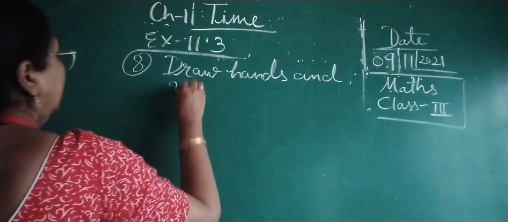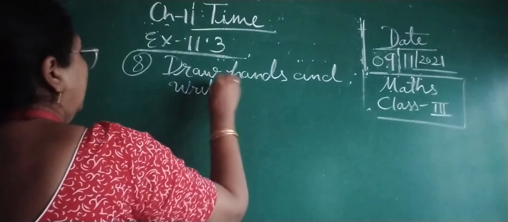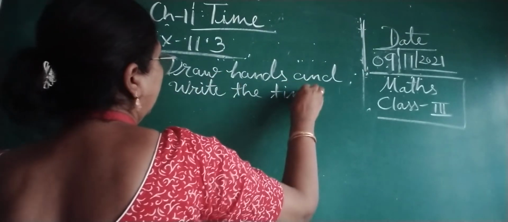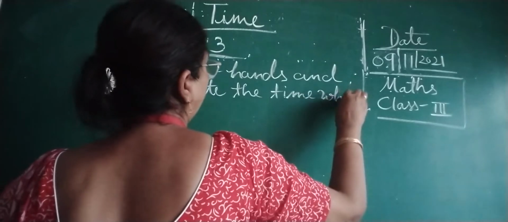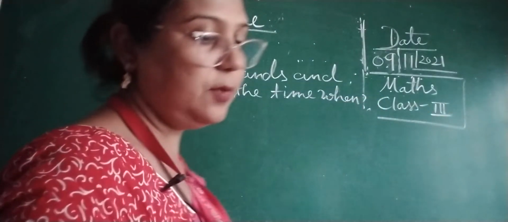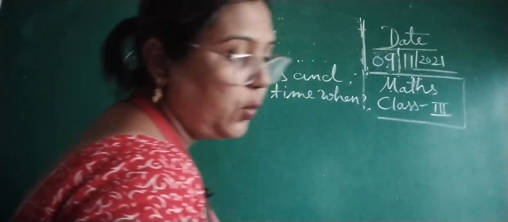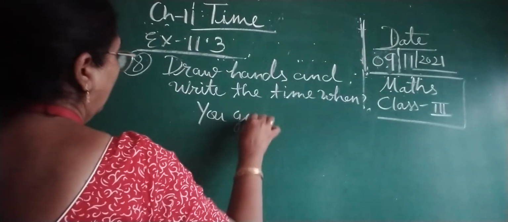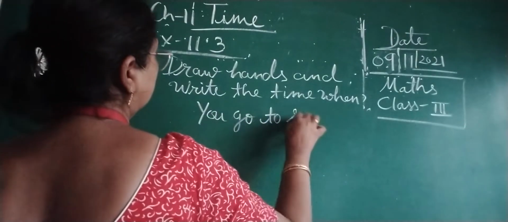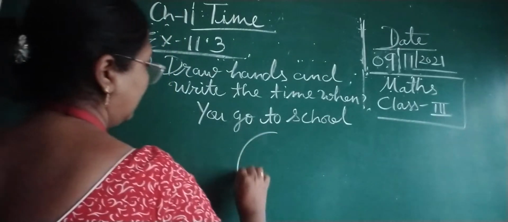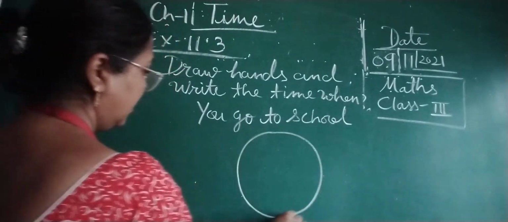Okay, draw hands and write the time when. The first one, that is you go to school. ठीक है, now we are going to draw the clock.